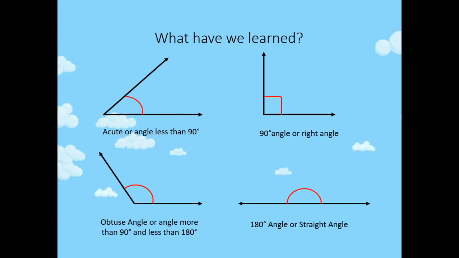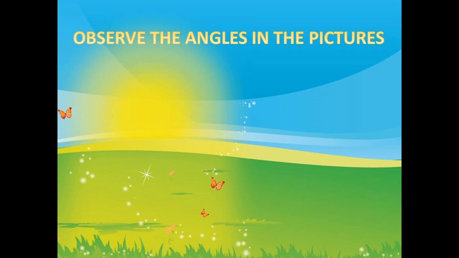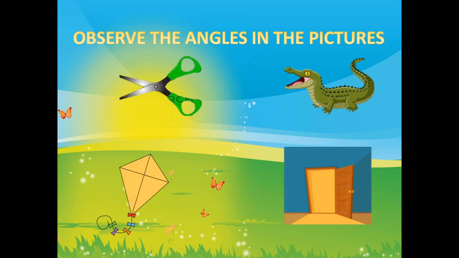Children, we can see these angles in our surroundings also. You can observe the pictures shown here. You can see the angle formed by the pairs of scissors, then angle formed in the mouth of the crocodile, angle in the kite, and angle formed by the door.